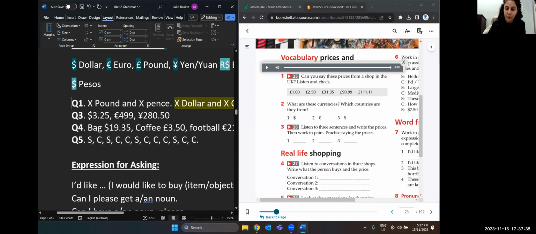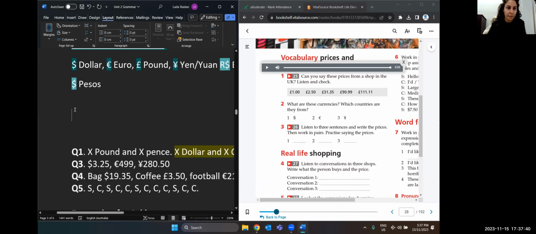So for example, you say the number first, then you say the currency, and then the number after the full stop, after the dot.